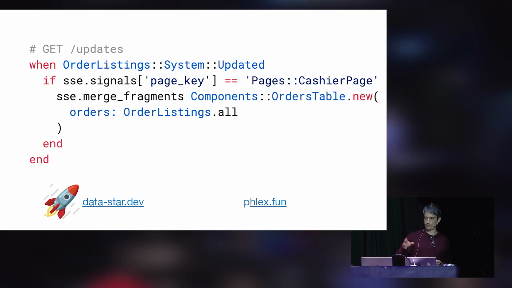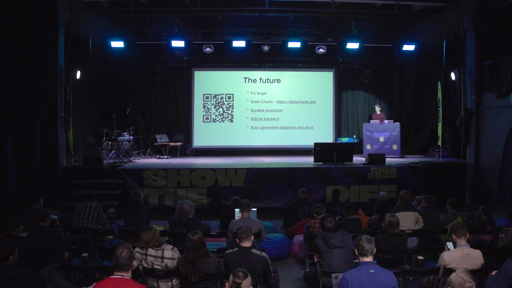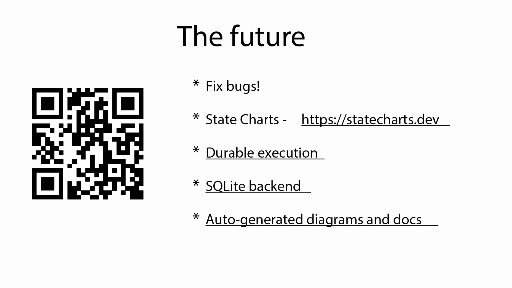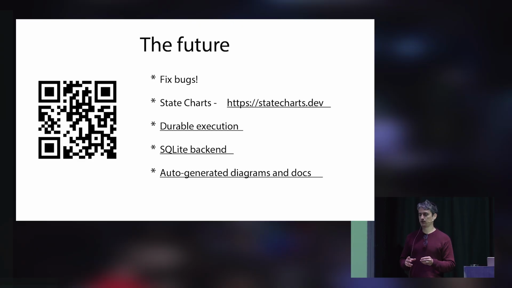That's what I got. I have some extras if you're interested later. But just to finish off, the future of this experimental work that I've been doing is to fix lots of bugs first. Then, if you paid attention, I've been describing state machines all along, state transitions.